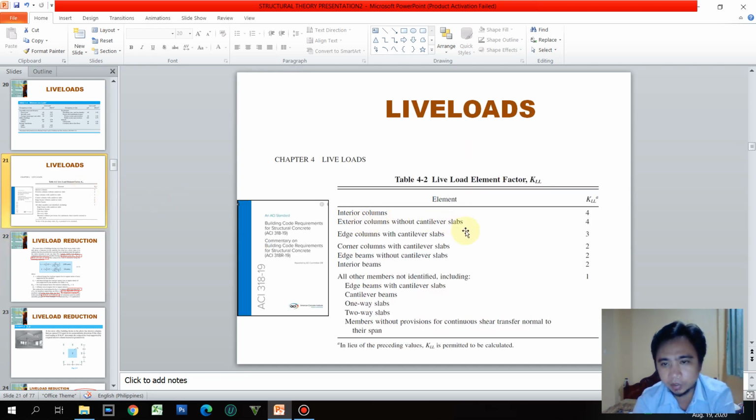If we have an interior column, our KLL factor is 4, and then exterior columns without cantilever slab 4, edge columns with cantilever slab 3, corner columns with cantilever slab, edge beams without cantilever slab, interior beams, and then all other members not identified, including this one.